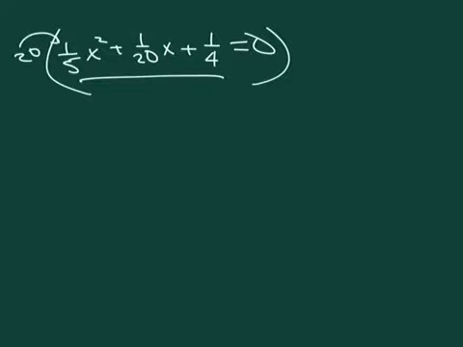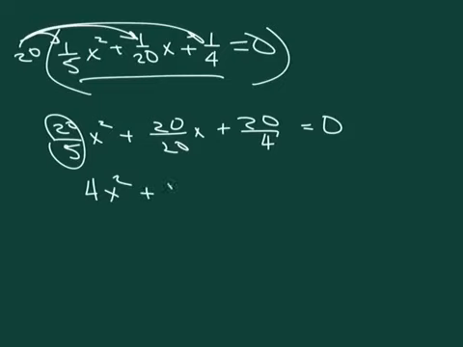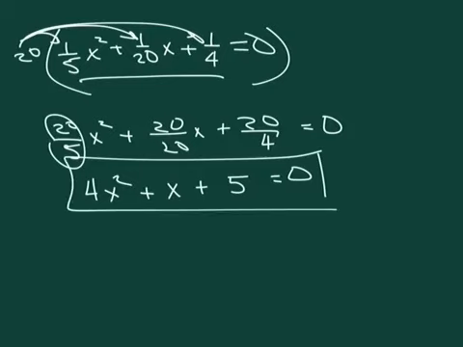So this times this is 20 over 5 x squared plus 20 over 20 x plus 20 over 4 equals 0. 20 over 5 is 4. 20 over 20 is 1. 20 over 4 is 5 equals 0. The fractions disappeared. Use the quadratic formula and go ahead and solve it.